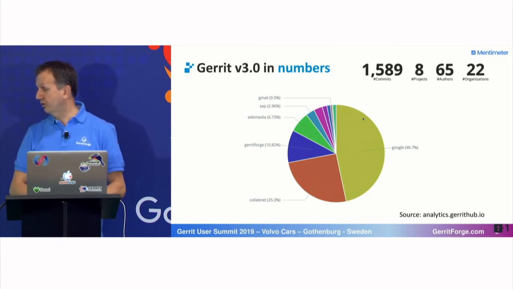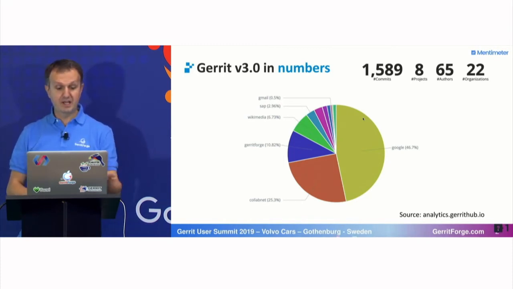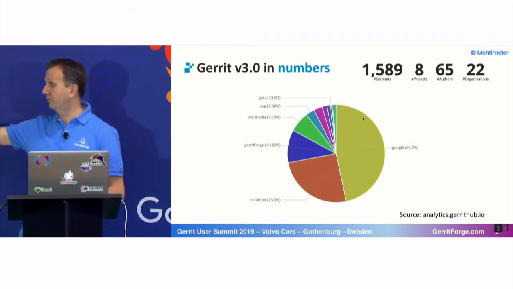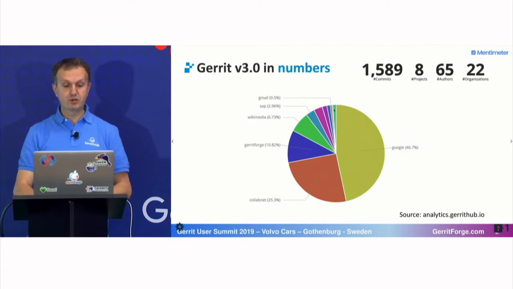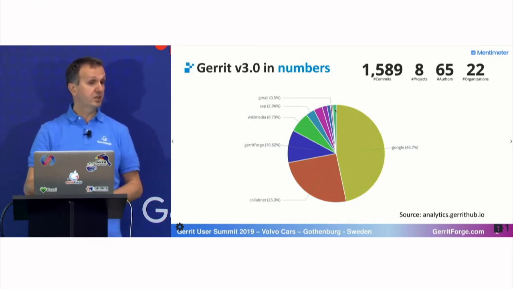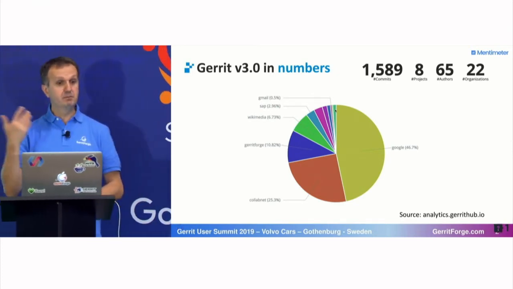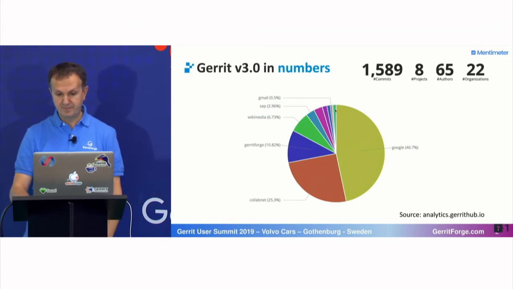Again, as you see, Google did 46%, but CollabNet did 25% of this release, and GerritForge 10%, and many other companies. This picture is not fair, because in these small green slices that you see here, there are many more people who may have contributed by notifying bugs, fixing documentation, and so on.